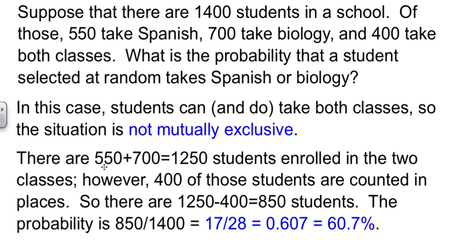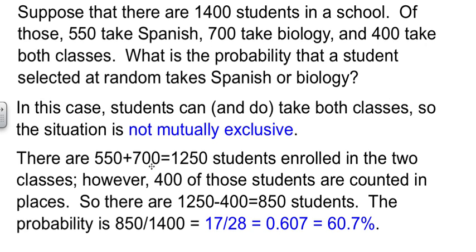So let's count how many kids we're interested in here. We have 550 who take Spanish, plus 700 more who take biology. So there's 1,250 students that are in the 2 classes. However, we've counted 400 of those kids twice. We counted them in the Spanish group and we counted them in the biology group.